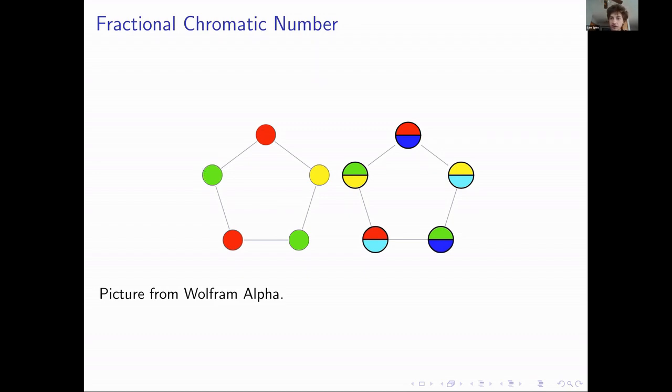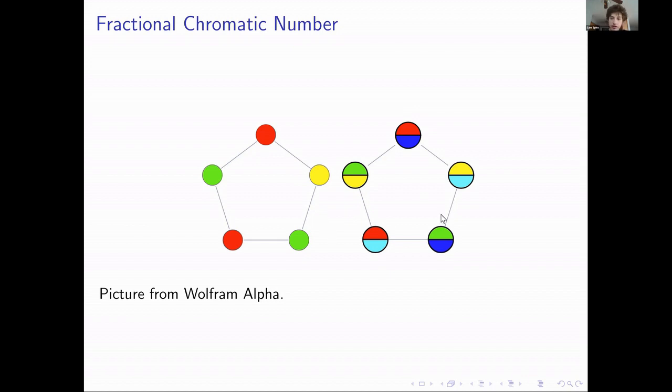A fractional coloring is very similar, except instead of coloring each vertex a single color, I can color it half red, a quarter blue, a quarter green. I can mix and match colors within a single vertex. And a fractional coloring will be proper if whenever I look at an edge, whenever I see some red on one end, I don't see any red on the other. So it's a somewhat natural generalization.